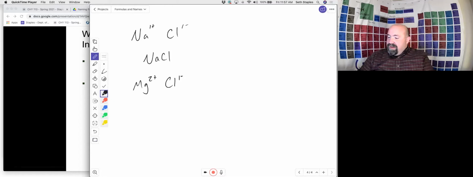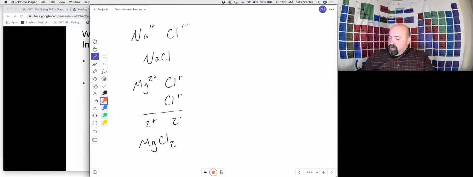I look at it this way. As things stand right now, I don't have enough minuses to balance out my pluses. If, however, I have 1 more minus in there, now I have a total of 2 pluses and 2 minuses. So I have a neutral compound. I have 1 magnesium in there, and now I have 2 chlorines or chlorides, which I write as a subscript.